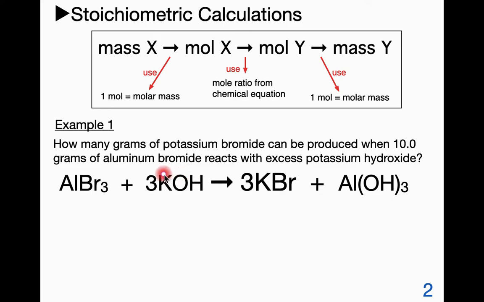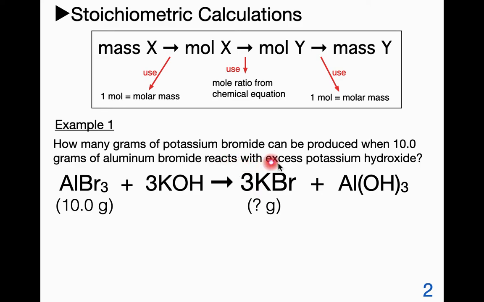Now in this problem, I'm going to use the chemical equation to summarize what the actual problem is. It says how many grams of potassium bromide can be produced when 10 grams of aluminum bromide react. So I'm going to put the 10 grams of aluminum bromide, that's what we're given, and the question is asking us how many grams of potassium bromide can we make?